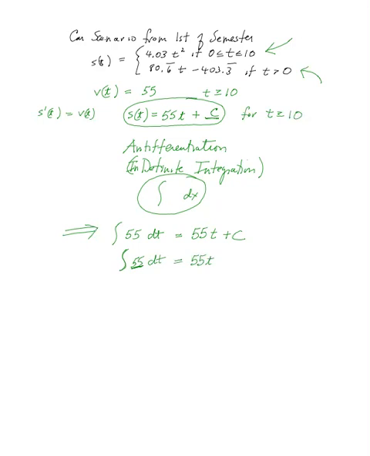But we've got to give the most general antiderivative. We've got to have this constant here, because there are infinitely many functions that you can differentiate to get 55. They all differ by a constant. This is called the indefinite integral of 55. Indefinite integration is just another name for anti-differentiation.